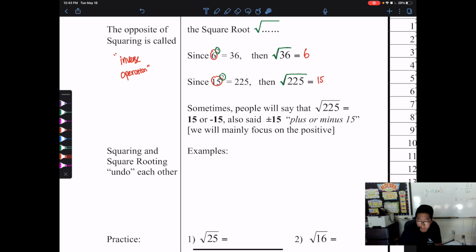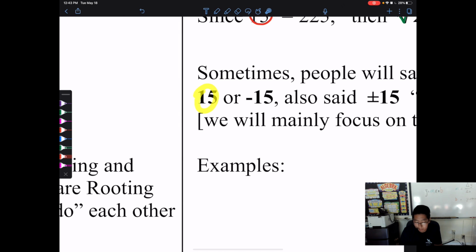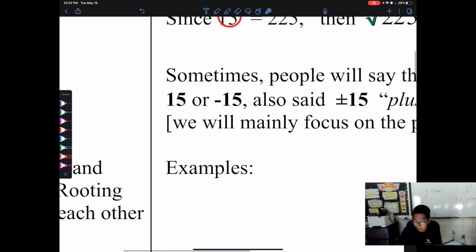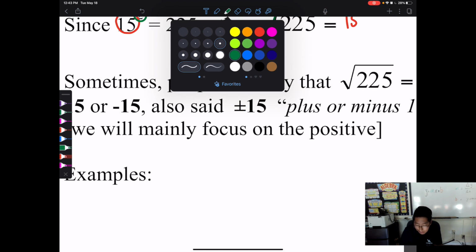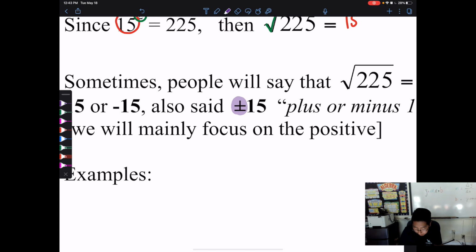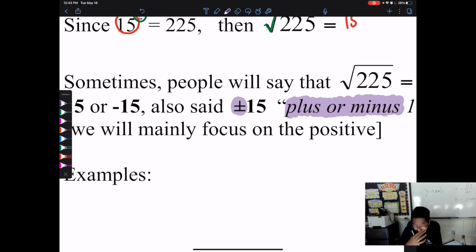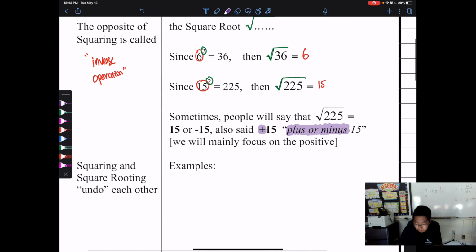Now, sometimes people are going to say that the square root of 225 is positive 15 or negative 15. So it's also said to be a plus minus sign. I'm going to go ahead and highlight this. I'll highlight it in purple. So it means plus or minus. Okay. So we're only going to focus on the positives here, but that's another way to look at it.